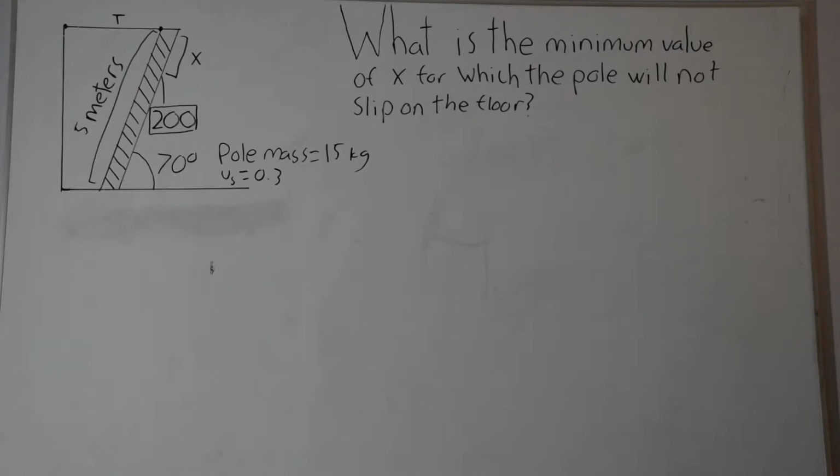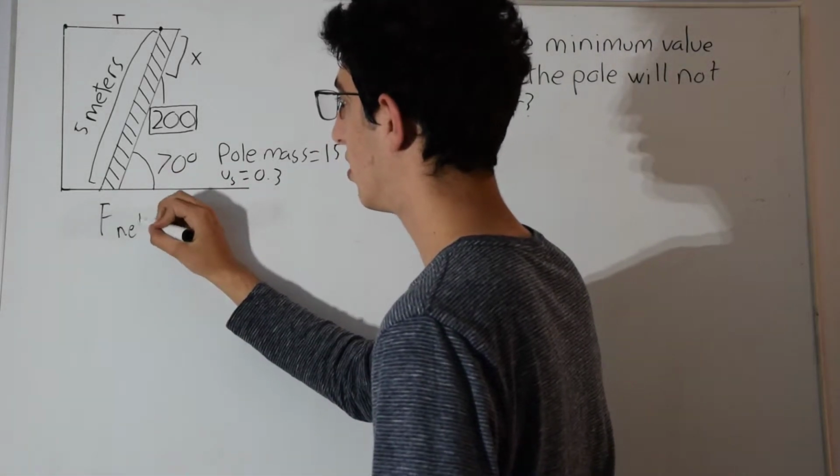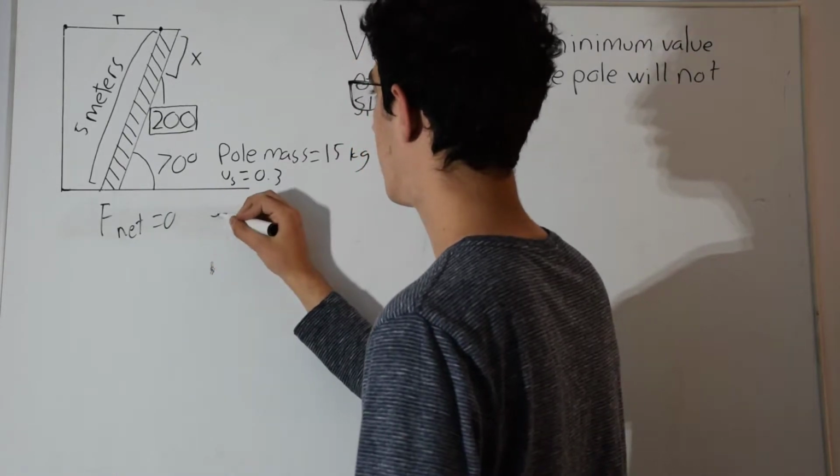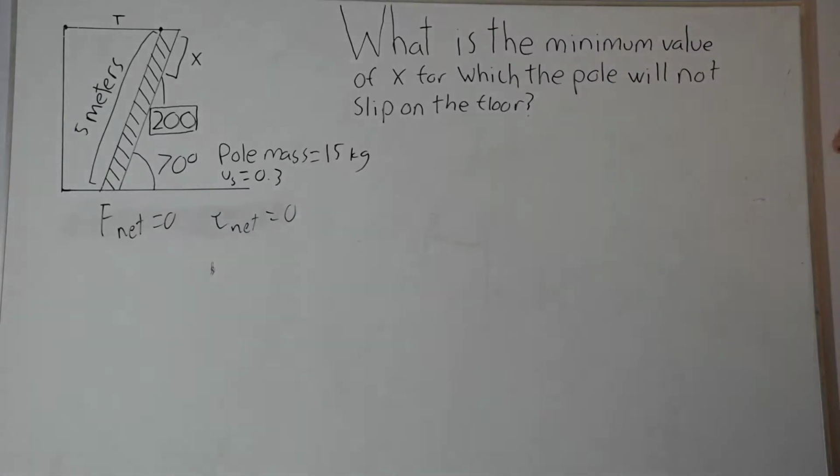Okay, so two things that we know about the pole that are useful in any torque equilibrium question is that the net force is equal to 0 and the net torque is equal to 0. Okay, so why might these be true?